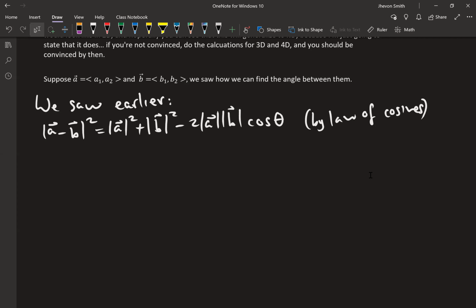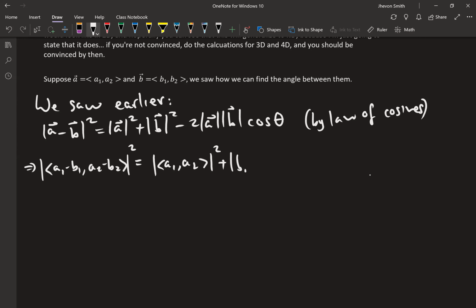to write down. So what this would look like is, well, this is going to be the vector a1 minus b1, comma a2 minus b2, magnitude squared. This is going to be a1 comma a2, magnitude squared, plus b1 comma b2, magnitude squared, minus, well, I'm going to leave these guys just as magnitudes because I don't want to worry about the square roots.